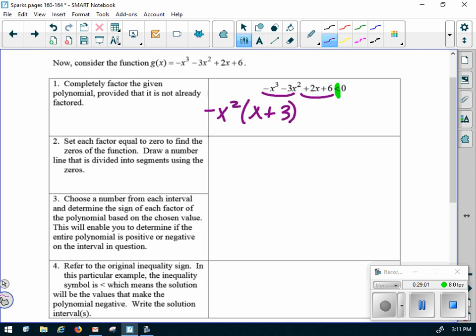What about here? Times, remember, the angels are singing because those x plus 3's are the same. We're going to factor out those x plus 3's times what?